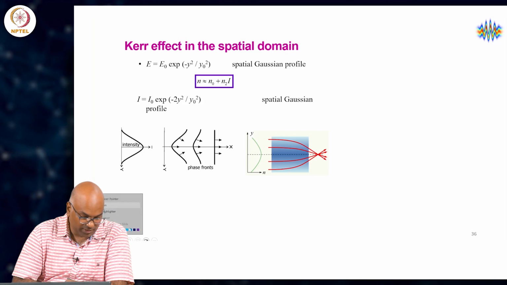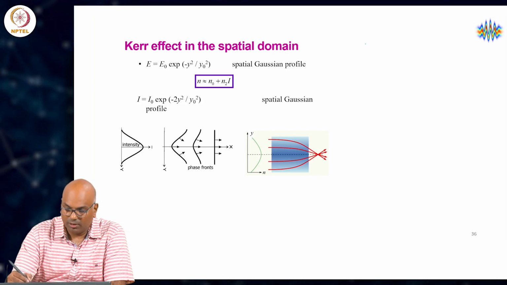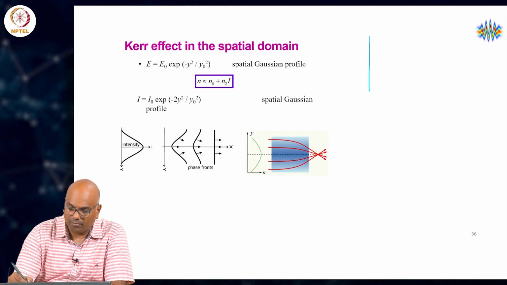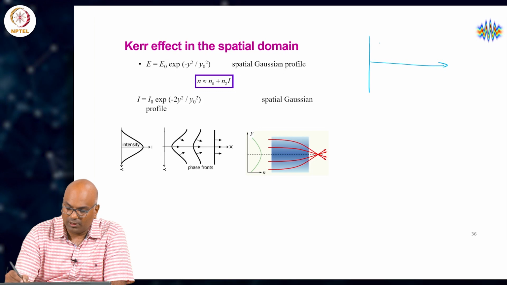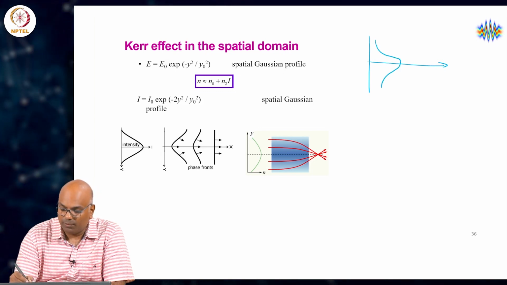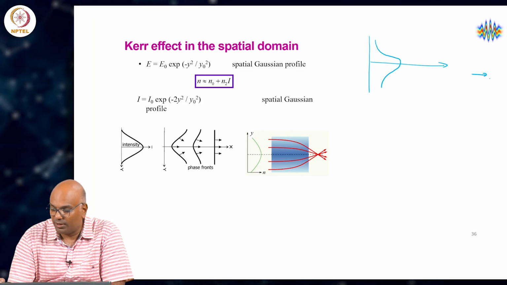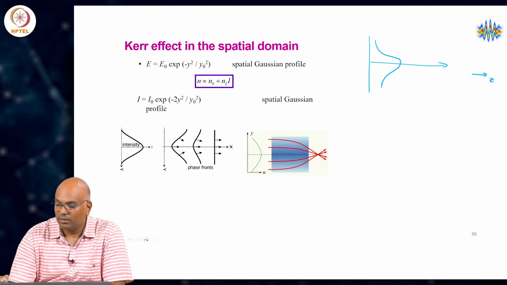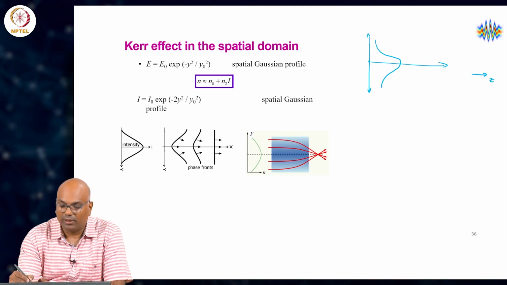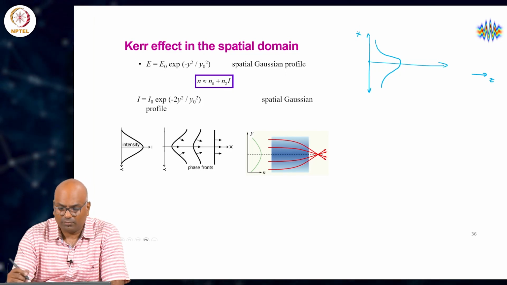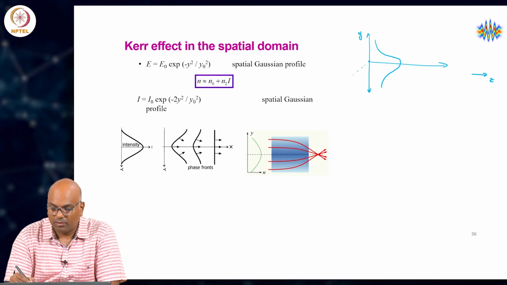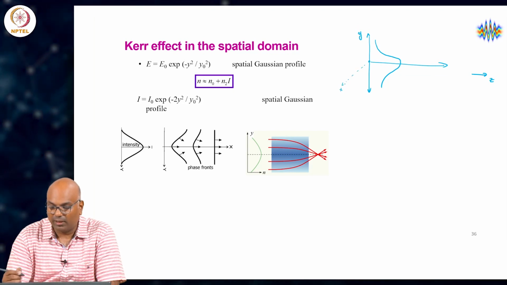Recall, we discussed much earlier in this course that a propagating Gaussian beam is Gaussian because the beam propagates along the propagation direction z, and along the coordinate perpendicular to it, let us say this is an x, or we have used the symbol y here. So, this coordinate would have made it x y.